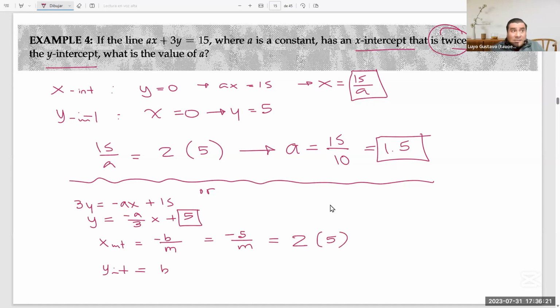M, which is the slope, is this part. So here, minus 5 over negative a over 3 equals 2 times 5. And of course, from this part, we also get the same, right? We isolate a and get 1.5. Okay, it's the same thing in the end.